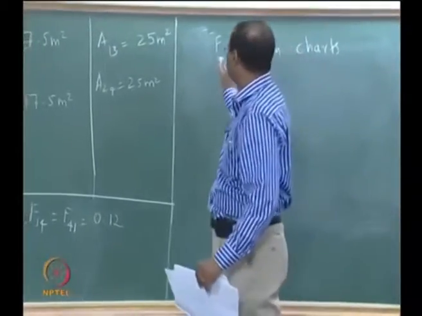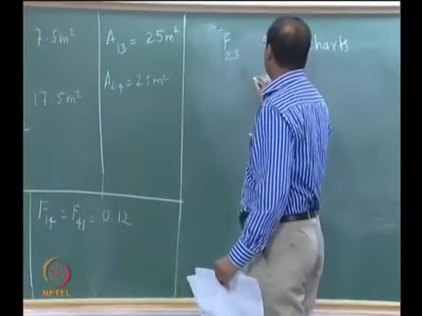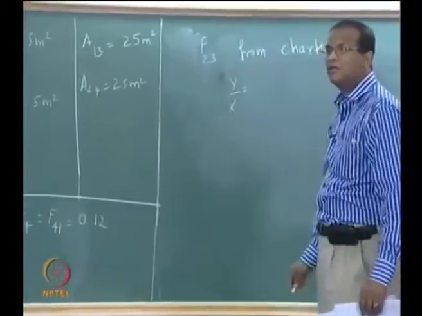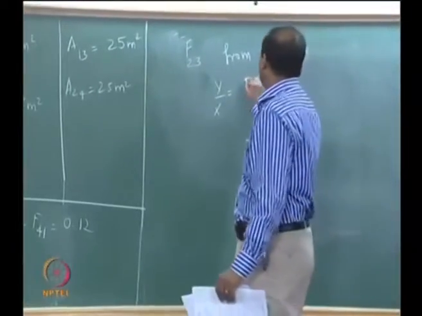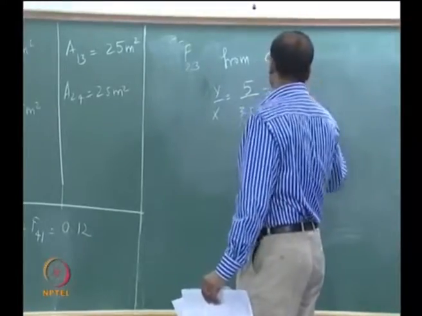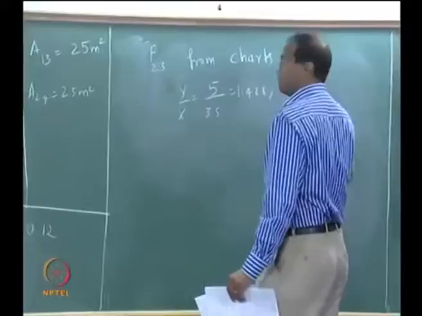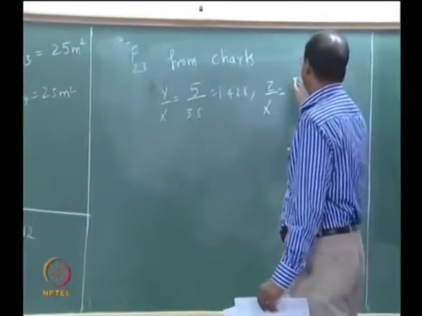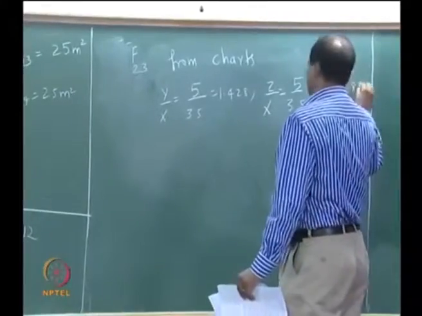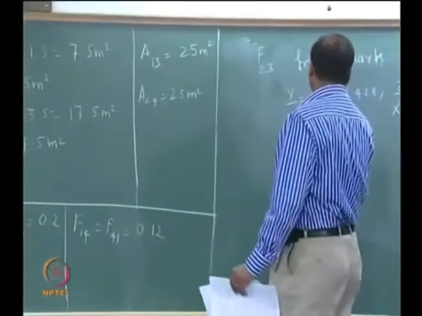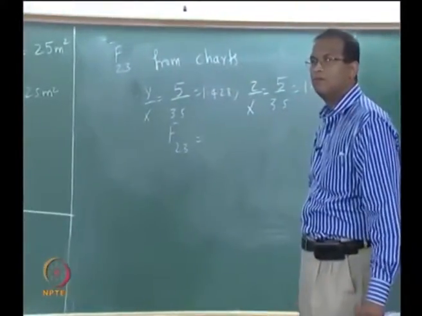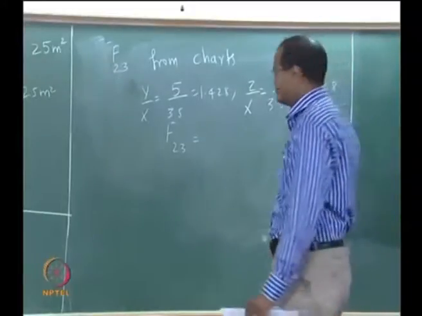No problem. Okay. y by x 1, z by x same, 0.17.